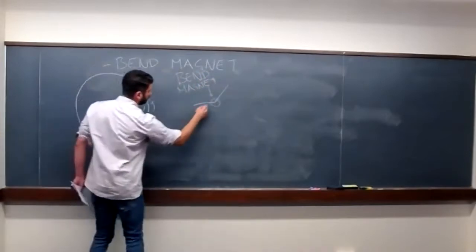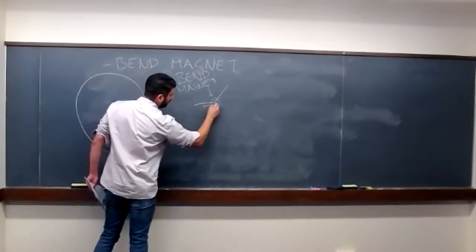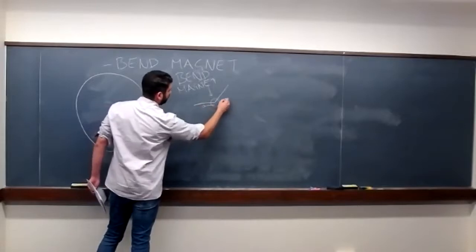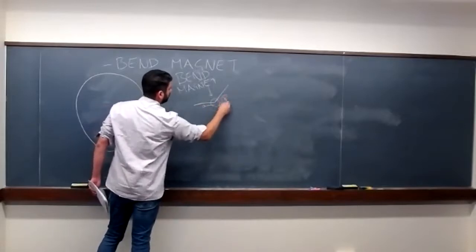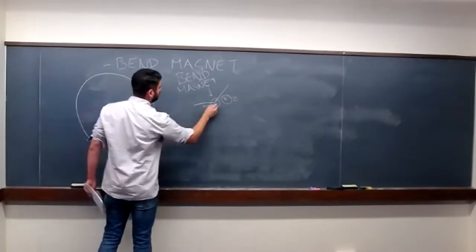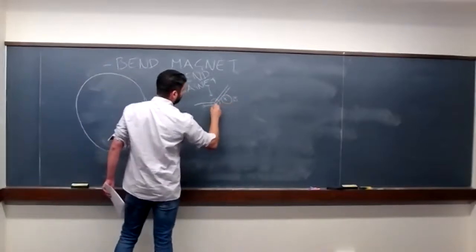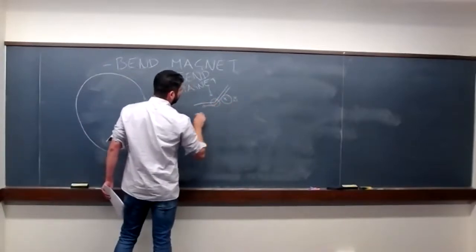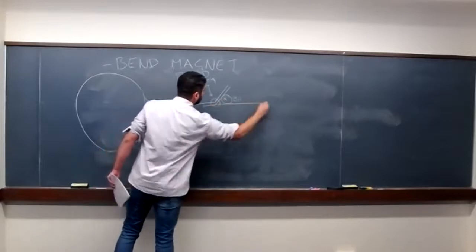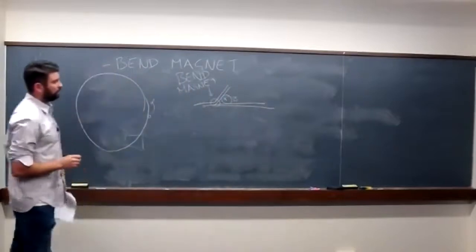Now, as an electron or a positron goes through the bend magnet, there's a field here, in this case coming into the board. As it passes through the field, it turns. But as it turns, it's accelerating. So it's not getting any faster, but it is changing directions and accelerating, and it'll kick off a beam of light.